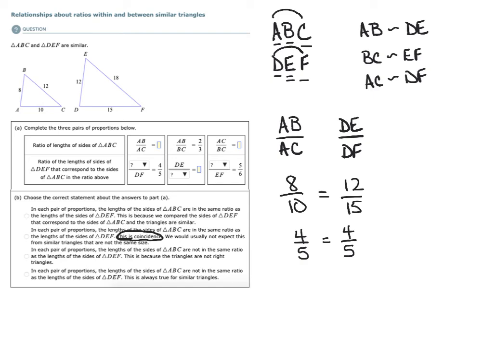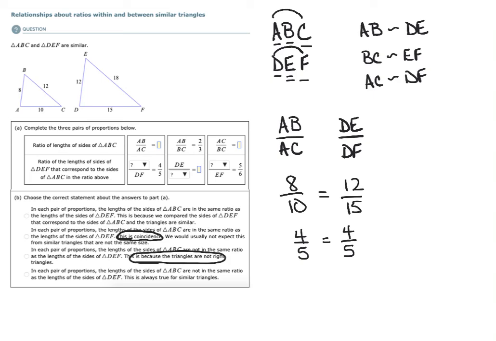We were able to prove it mathematically whether or not they were proportional. In the third answer, this is because the triangles are not right triangles. Well, it doesn't matter if they're right triangles or not, as long as they are similar, meaning that their angle measures are the same and their sides are proportional. So that one automatically can't be it if they are proportional.